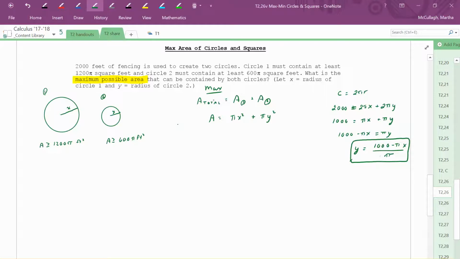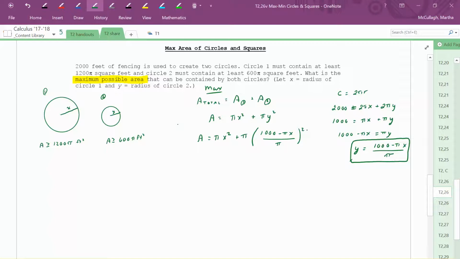I'm going to come back now to the main part of my problem. What is it I'm trying to maximize? And I'm going to substitute for that y. I have A equals pi x squared plus pi, and now this whole thing, (1,000 minus pi x) all over pi, that I'm going to be squaring.